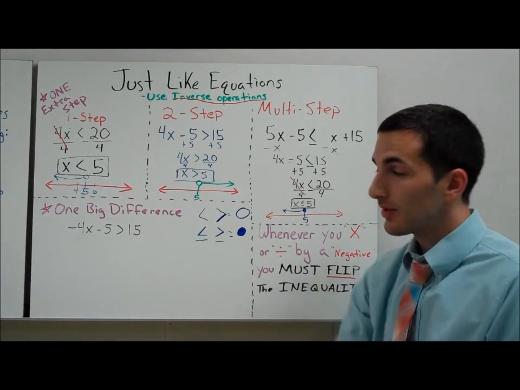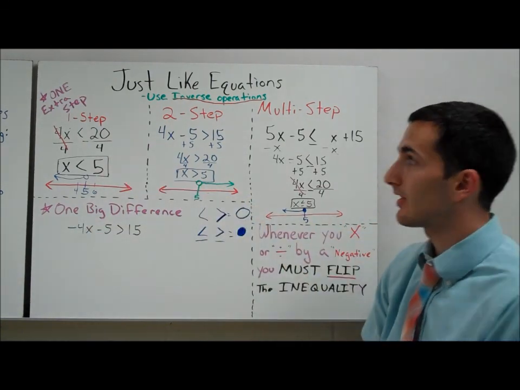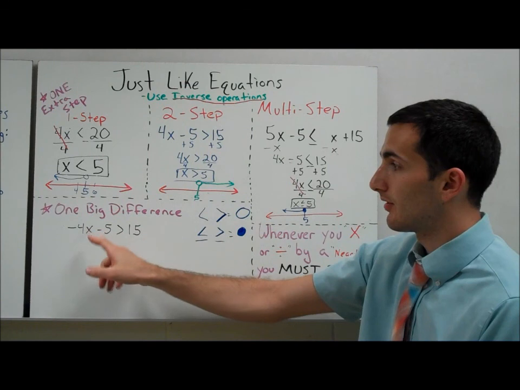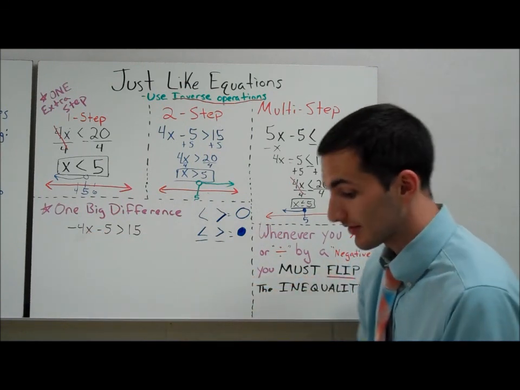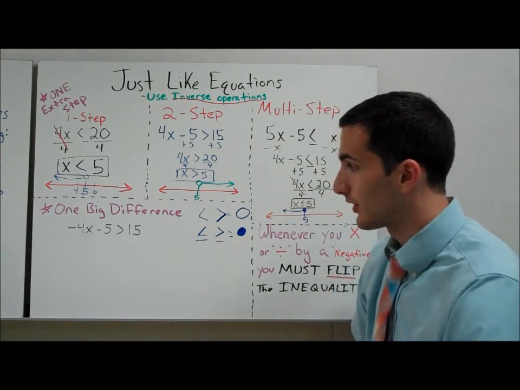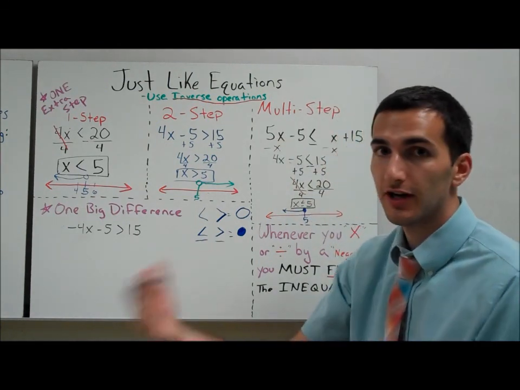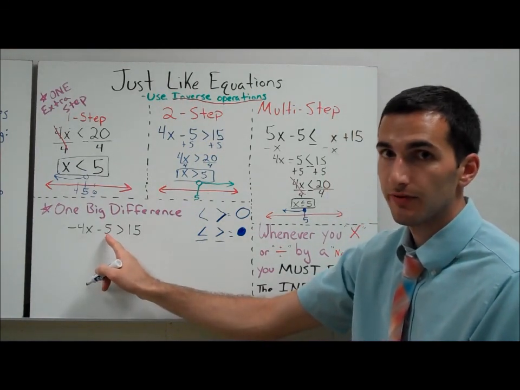All right, so there's one extra step, but there's also one big difference. We can see all these were solved exactly the same way as an equation, but you will get some occasions in inequalities where there's one thing that's completely different. So let's solve this, and again we're doing it just like equations. The first thing we're going to do is identify our constant, which is the 5, because it doesn't have a variable.